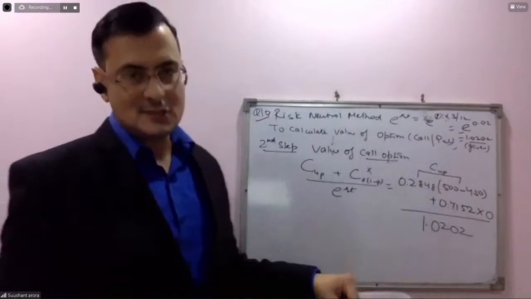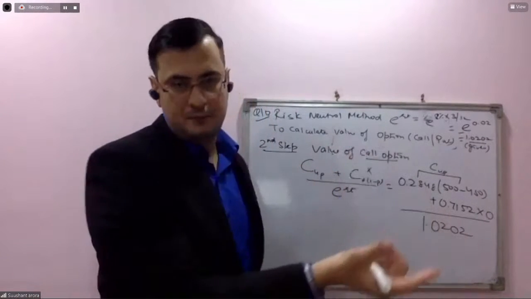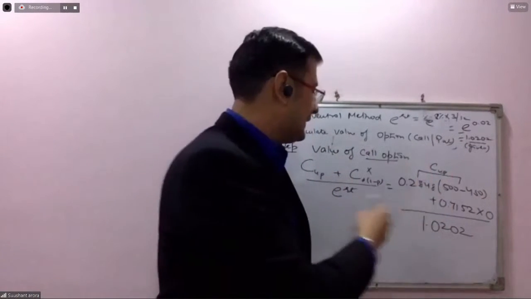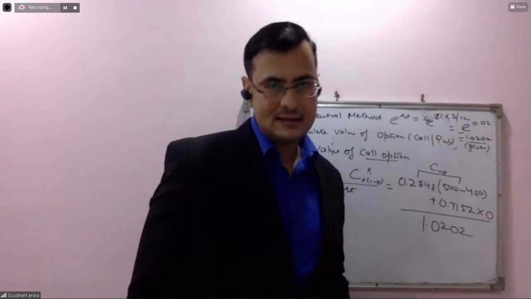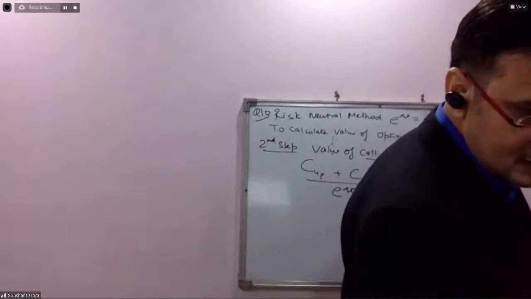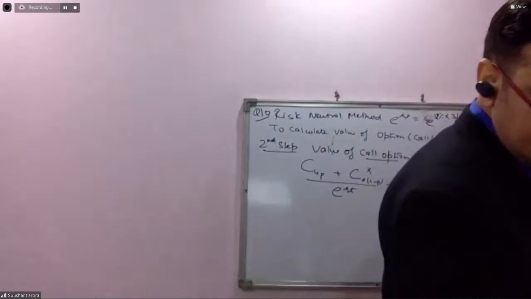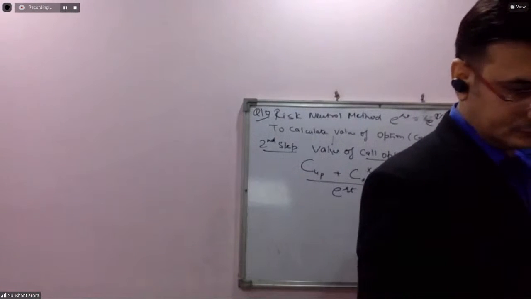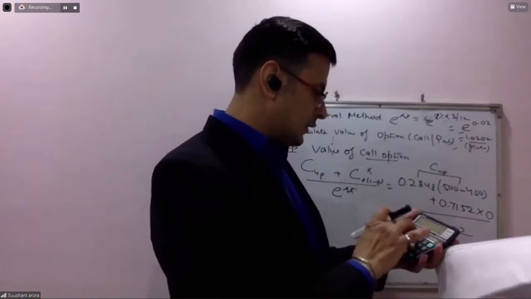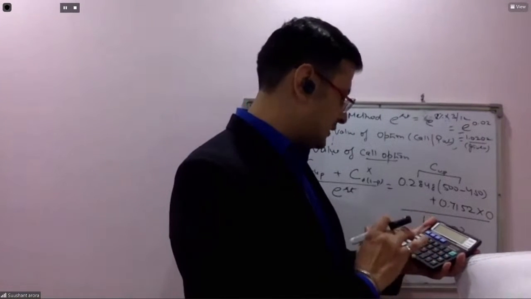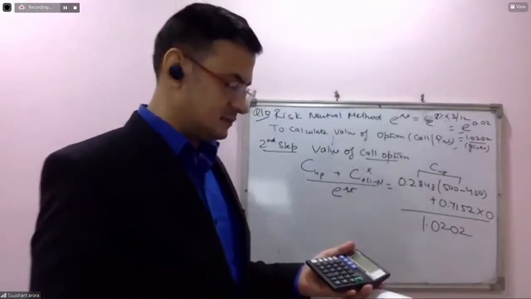If the examiner asks you a put option, then the first one will be 0. This one will be some value divided by e^RT, which is 1.020. Clear, guys? Can somebody calculate this? So 50 into 0.2848 divided by 1.0202. Okay, it is coming out to be 13.958.